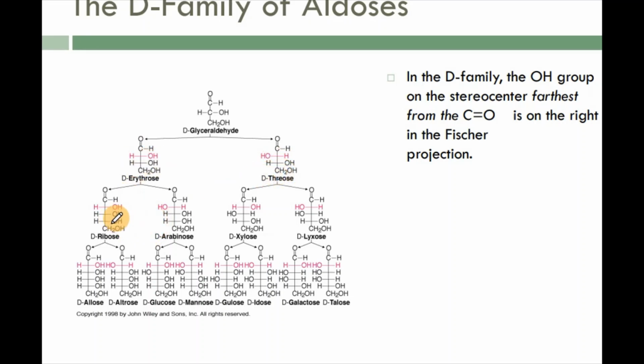We have a D sugar which is a pentose, so these are all pentoses. They also have D sugars that are hexoses. They are all D sugars because the OH on the last chiral carbon, which is carbon 5 if it is a hexose, carbon 4 if it is a pentose, carbon 3 if it is a tetrose, and carbon 2 if it is a triose, is found at the right position.